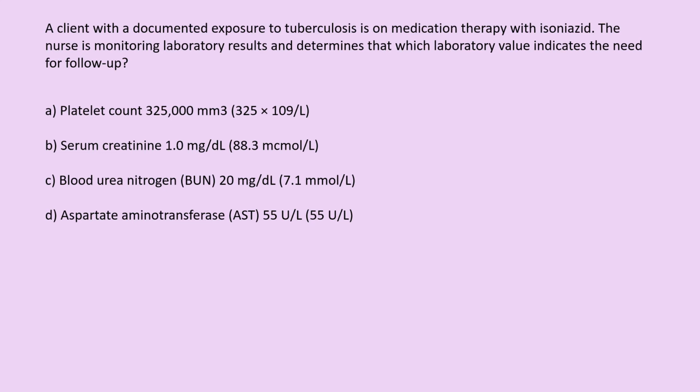C. Blood urea nitrogen, BUN, 20 milligrams per deciliter, 7.1 mmol/L. D. Aspartate aminotransferase, AST, 55 U/L.